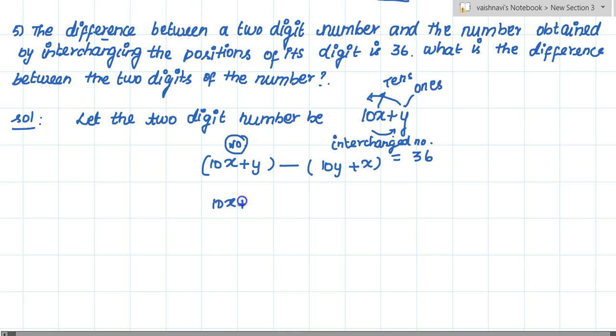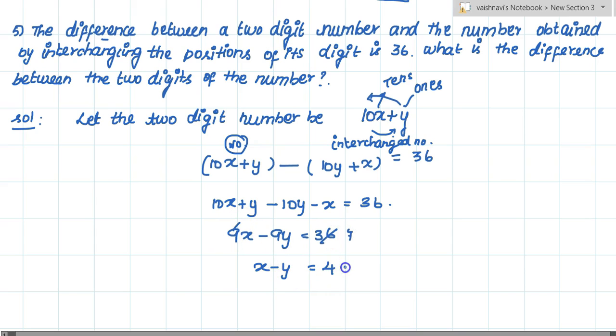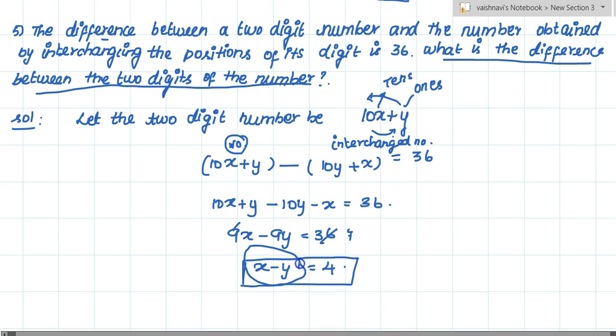Okay, that is the same thing that has been done here. Upon simplifying, what will we get? x minus y equals 4. So the difference between the two digits of a two-digit number is 4. This is the answer that we have to obtain.